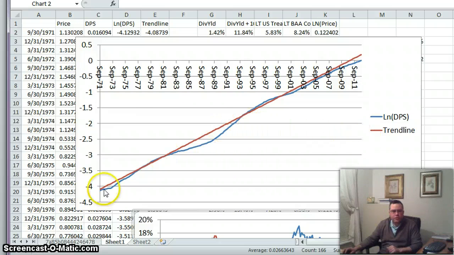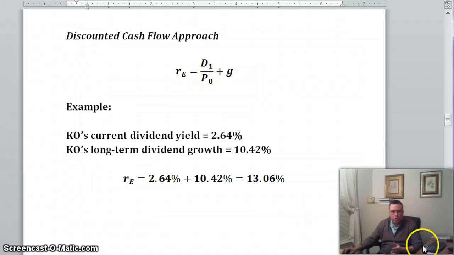So we calculated a long-run growth rate of dividends, we added in the dividend yield, and we got a current expected return on Coca-Cola. So if you did that for yesterday, their current dividend yield is 2.64%. Their long-run dividend growth, I just used a simple long-run average, it's 10.42%. Add those two together, you get 13.06%. So that's our measure of our cost of equity.